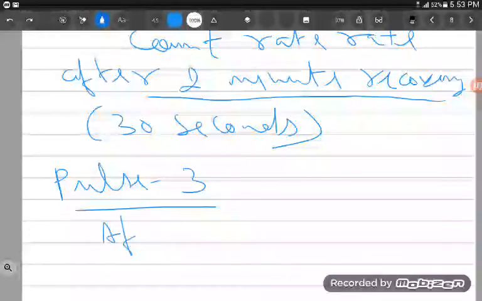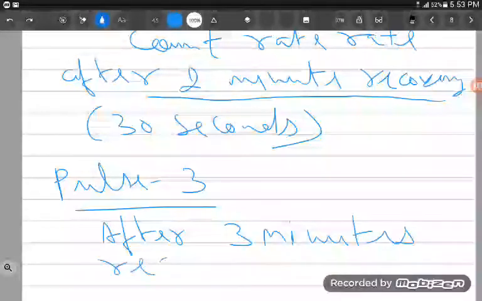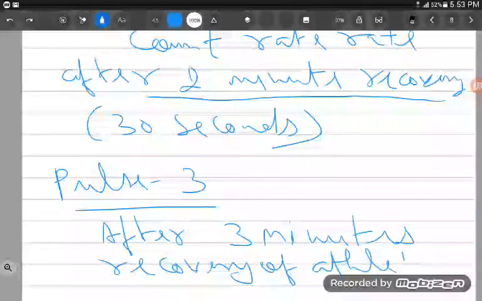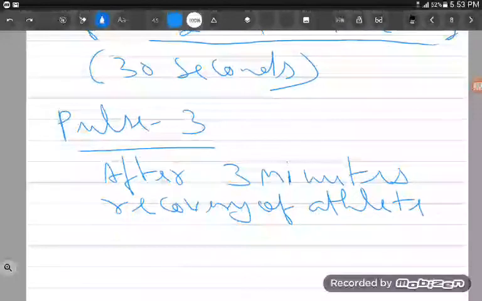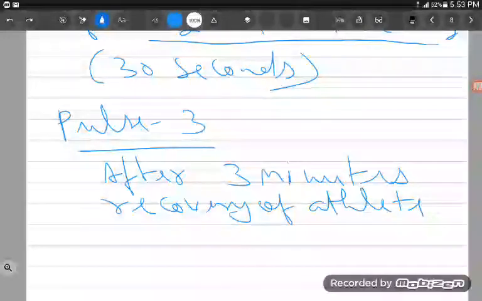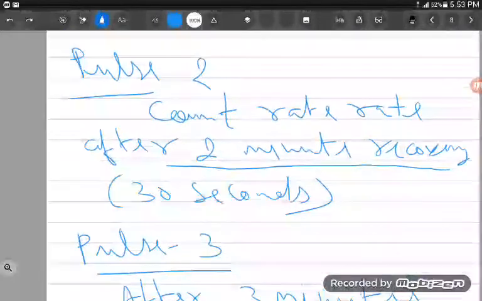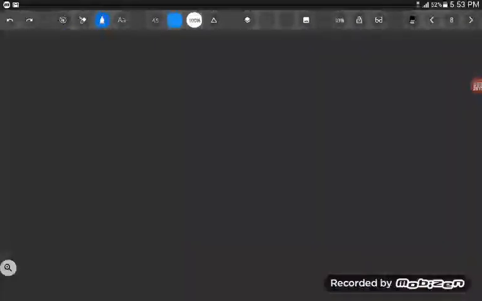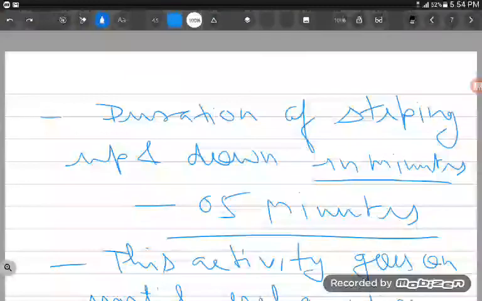After 3 minutes of recovery of the athlete. Children, how many pulse rates will you get? Pulse 1. I am going to the back page.